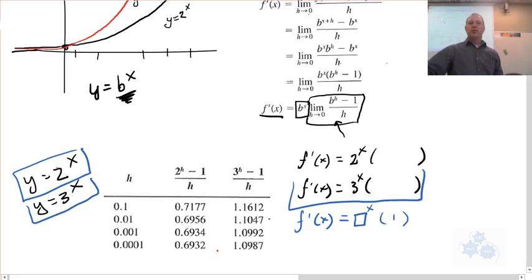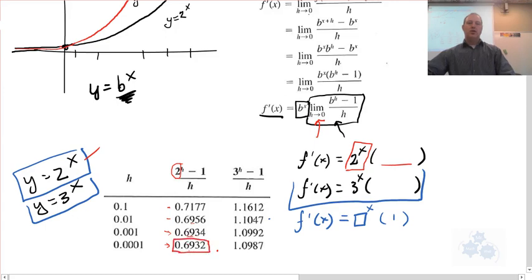If we use y equals 2 to the power of x, the derivative is going to be 2 to the power of x times something. If we evaluate this limit as h approaches 0, look what happens with a base of 2. At 0.1, that's 2 to the power of 0.1 minus 1 over 0.1, I get this number. As I get closer and closer to 0, it starts to center in on about 0.693.